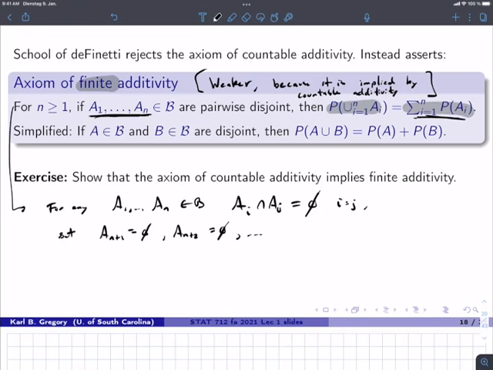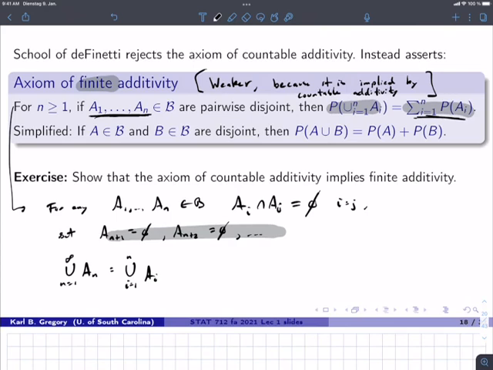And then I can write the union of all those Ai's out to infinity is going to be equal to the finite union, because after I get to n plus 1, they're all the empty set.